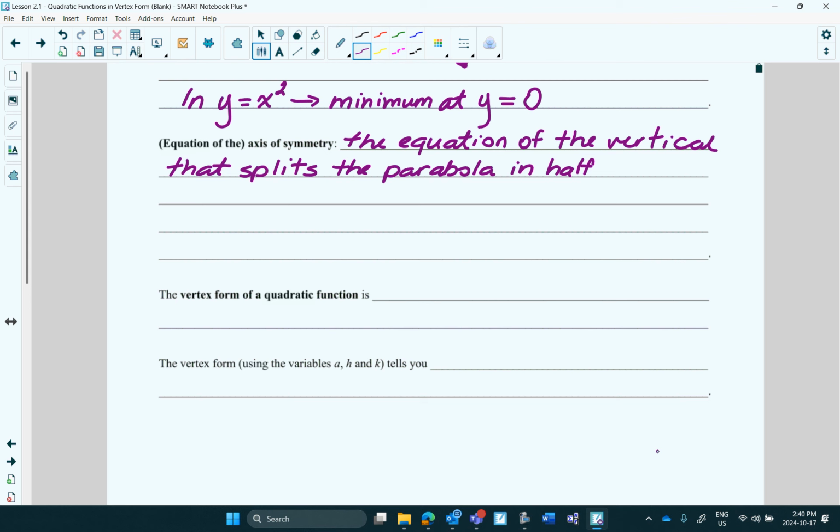Again, I'm just going to draw another. If I had some kind of parabola hanging out in space, I would just draw the vertical line through that. It always goes through one point on the parabola. It always goes through the vertex.